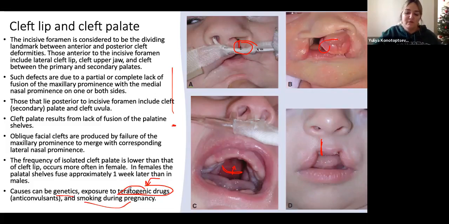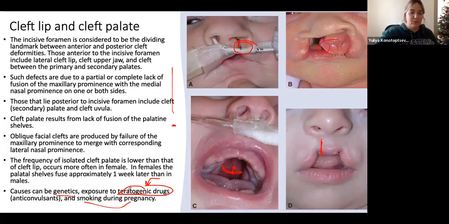This is going to be the 3rd to 9th week of embryogenesis. This period is known as the period of organogenesis. This is the time when the embryo is busy making all of the organs, and this is the period when you're most susceptible to teratogenic substances.